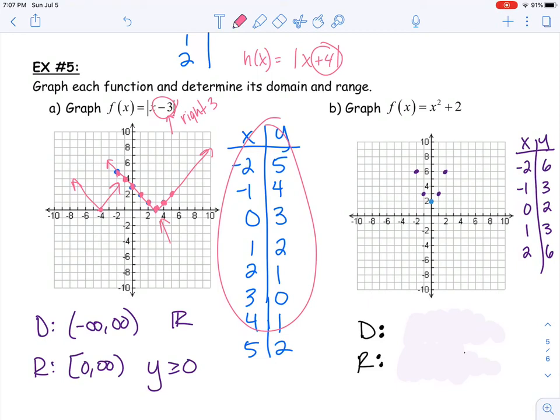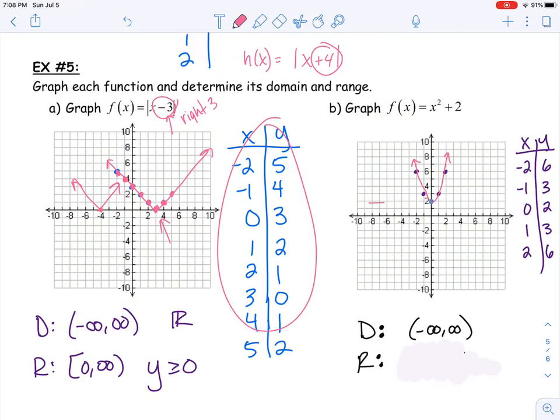Hopefully we know it's going to be a parabola and it's going to be a U-shaped graph. So I plotted those points until I found that pattern, and now I know exactly where the U is. We know that on a quadratic it's going to go to the left, it's going to go to the right, it's going to include all x values. So my domain is -infinity to infinity. But on this graph, what's my range? Well, how far down does it go on the y?